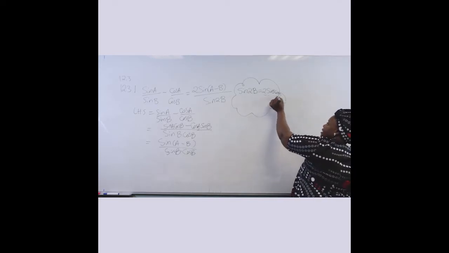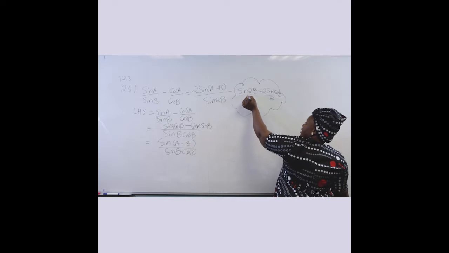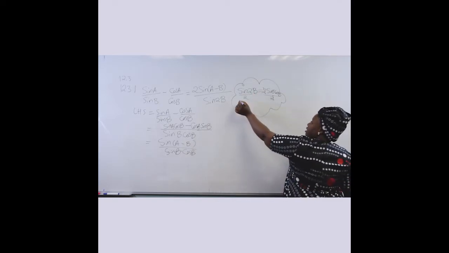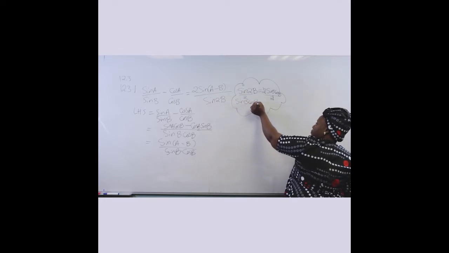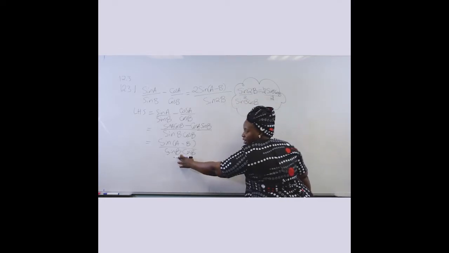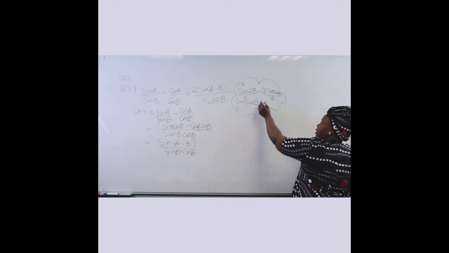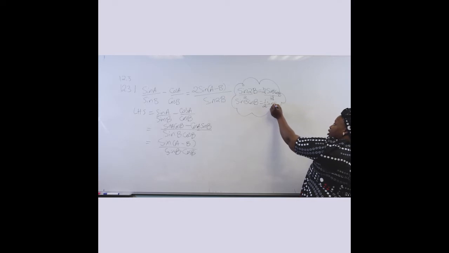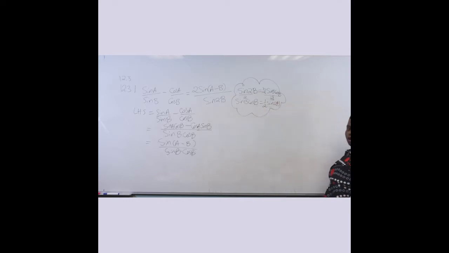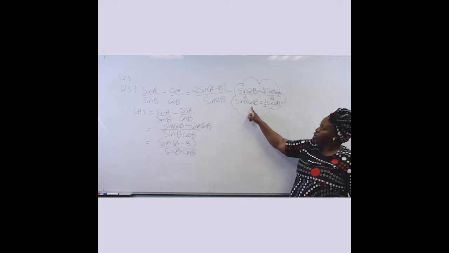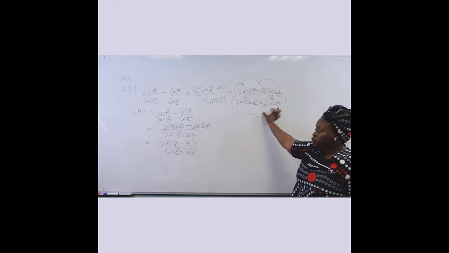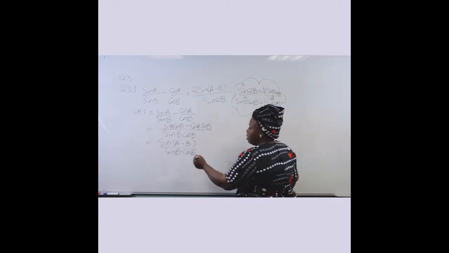So if I divide this side by 2 and that side by 2, the 2 will cancel and I'm left with sine B cos B, which is what I'm having there in the denominator. But this can be equal to 1 over 2 sine 2B. So it means instead of writing sine B cos B, I am going to write half sine 2B. So that's what we are going to do there.